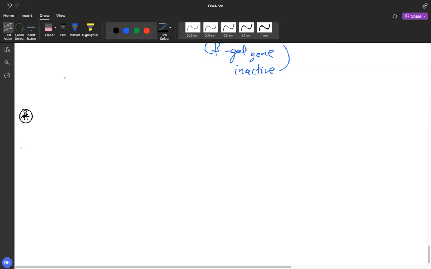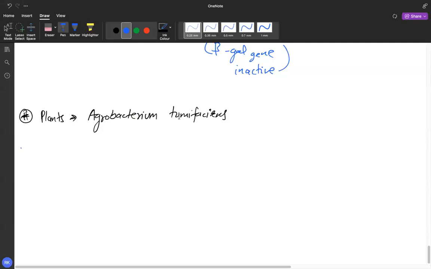If we want to transform plants, we know that in nature there is a pathogen called Agrobacterium tumefaciens. It's a bacterium. The name tells the whole story. In biology, the name will tell you the full story. Agro means agriculture, plant-based.